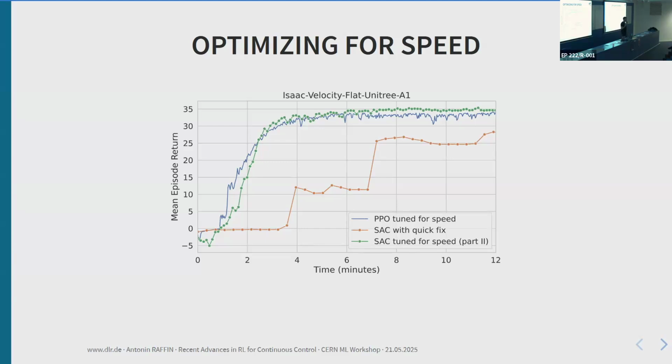And for me, the main idea behind using SAC in simulation with these massive parallel simulators is that later you can deploy your trained controller and continue training. Because with PPO, it would be prohibitive to continue training since it's very sample inefficient. So if you use the same algorithm in simulation and in the real world, then you can pre-train in simulation and continue fine-tuning on the real robot.